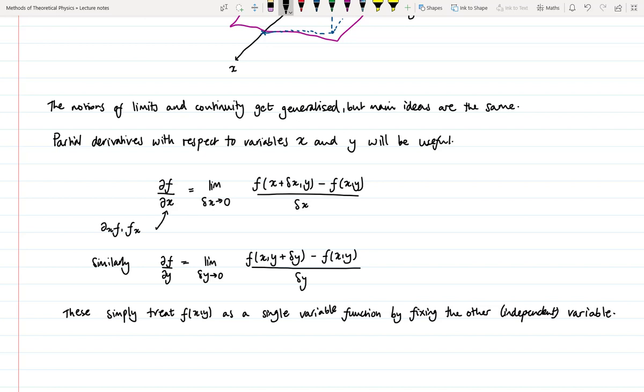So for example, in this second expression for the partial derivative with respect to y, the argument x is unchanged in the numerator, and so is effectively redundant, and we can think of the numerator as being a function of y only.